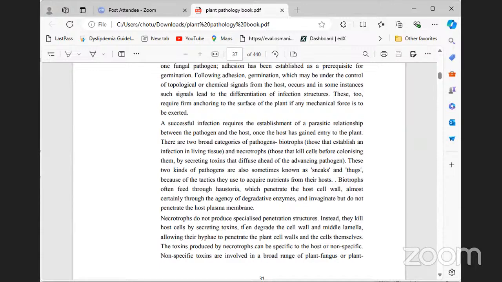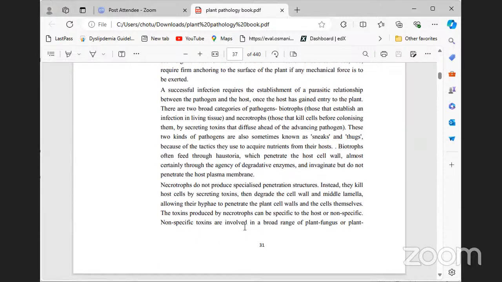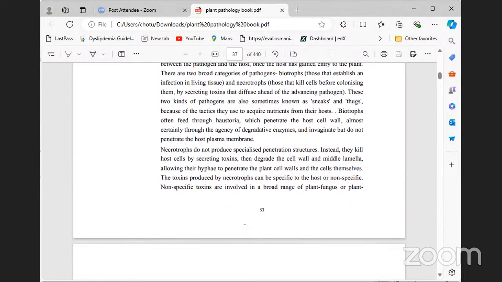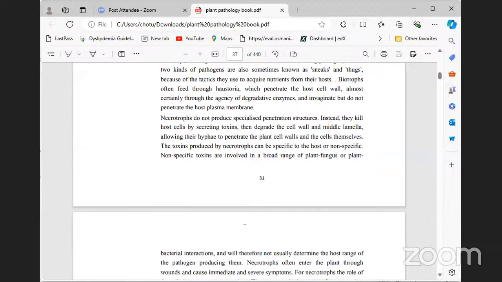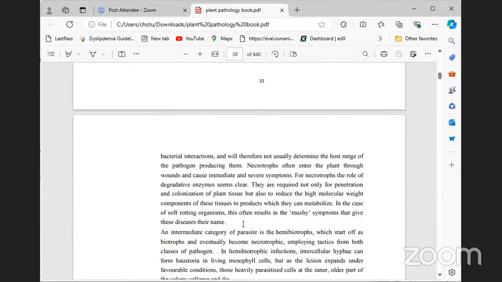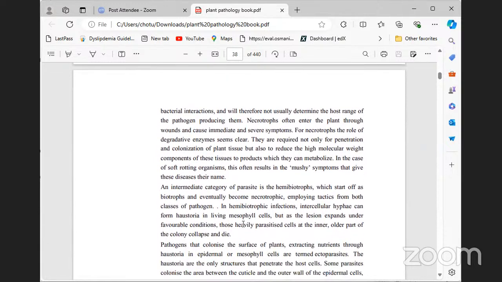The toxins produced by necrotrophs can be host specific, and non-specific toxins are involved in a broad range of plant fungus or plant bacterial interactions and will therefore not usually determine the host range of the pathogens producing them.